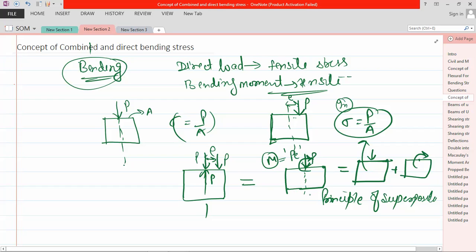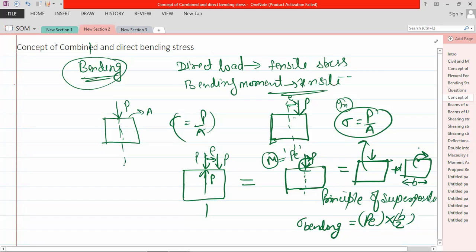Now if I consider this moment, suppose this is D and this is B. Now you can see that this is the distance from the top fiber. So sigma bending will be the couple PE into the maximum distance, that is B by 2, from the neutral line. This is your neutral line and this is your maximum distance.